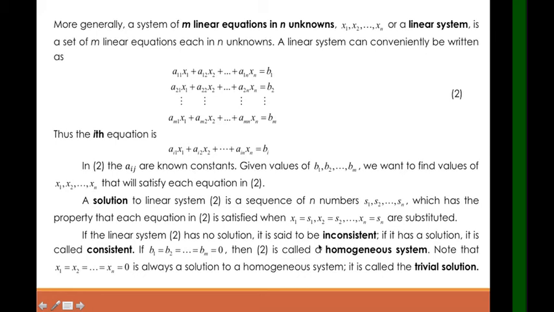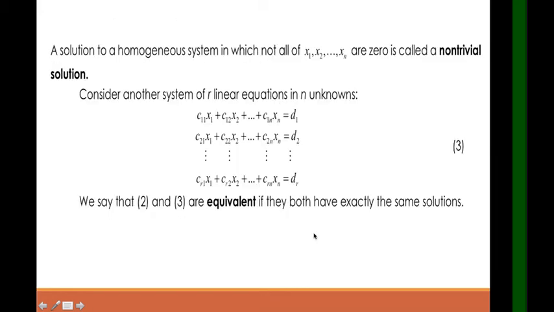It is called a trivial solution. Trivial ang tawag sa kanya. Now, a solution to a homogeneous system in which not all, hindi lahat ng x sub 1, x sub 2, up to x sub n are 0 is called a non-trivial solution. Now, consider another system of linear equations in n unknowns.